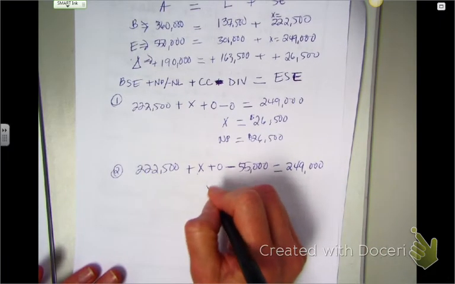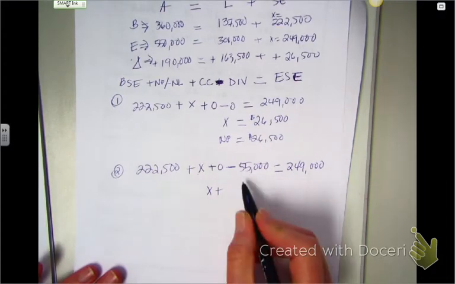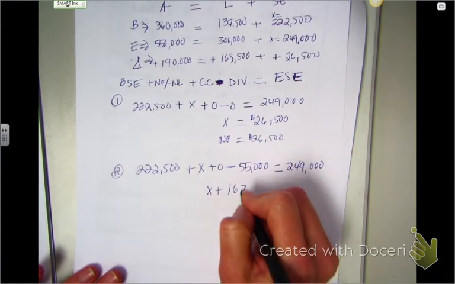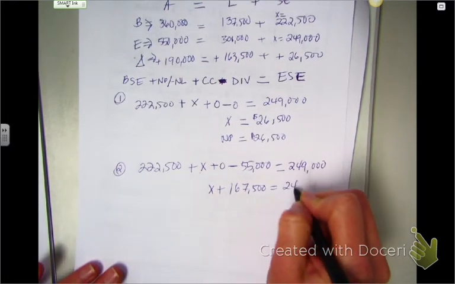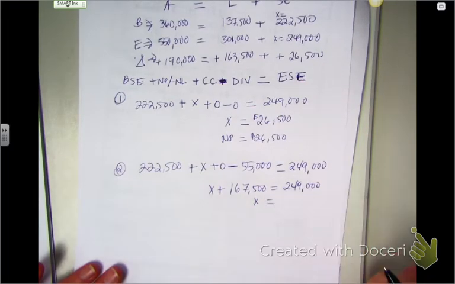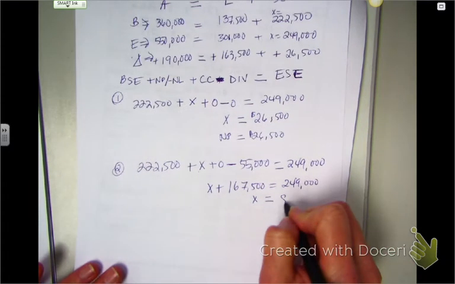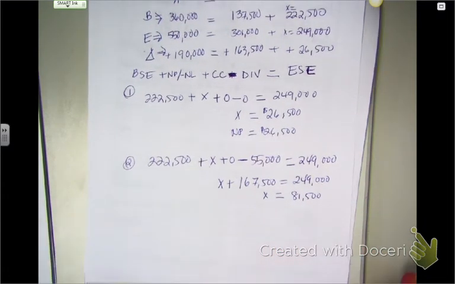So we would have X, and then we would get 167,500 equals the 249,000, and X equals 81,500. Okay, 81,500.